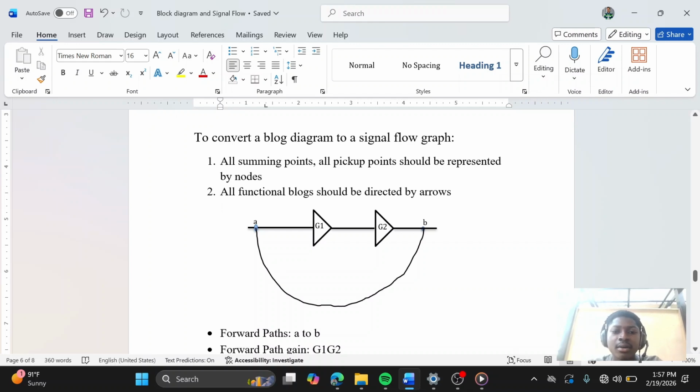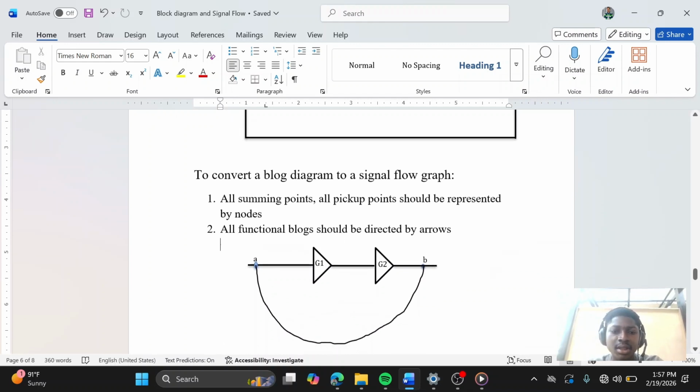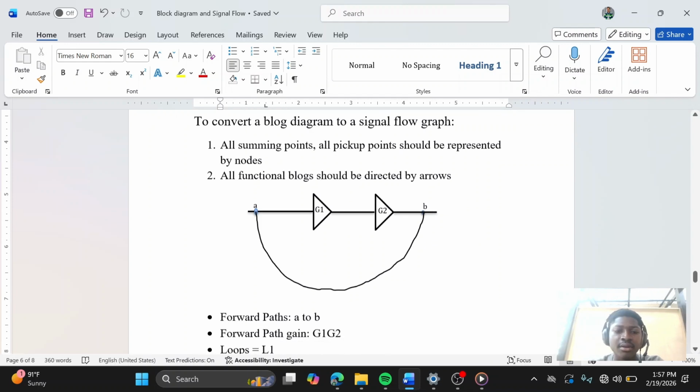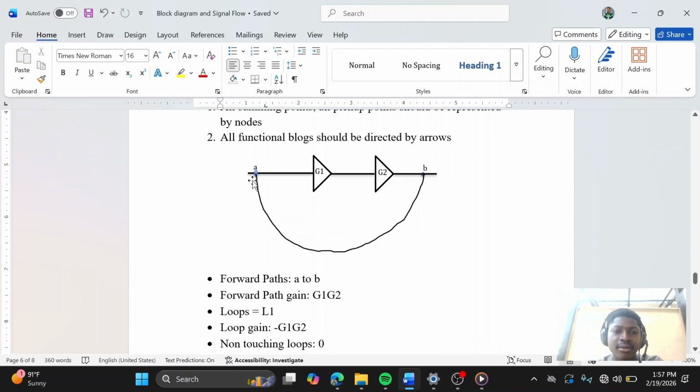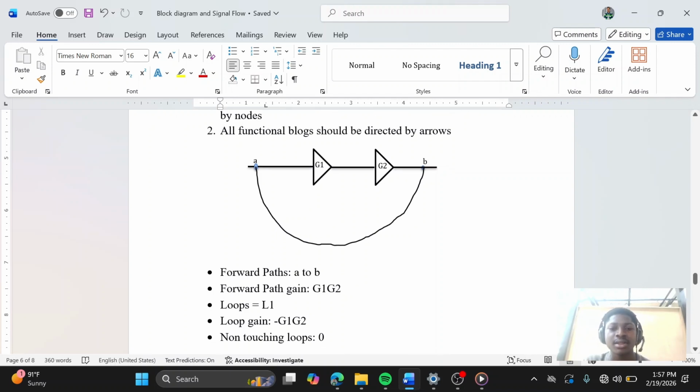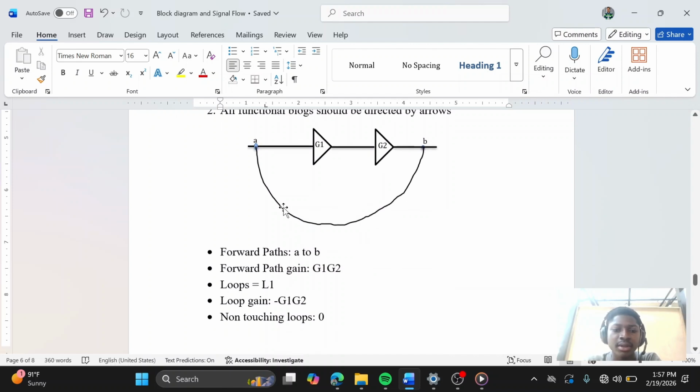After converting the block diagram into a signal flow graph, we have these properties. We have the forward path, from the input A to the output B, and the forward gain is G1 multiplied by G2. There's only one loop here, and the loop gain is equal to negative G1 times G2 because of the feedback signal coming from B to A, and there are no touching loops.